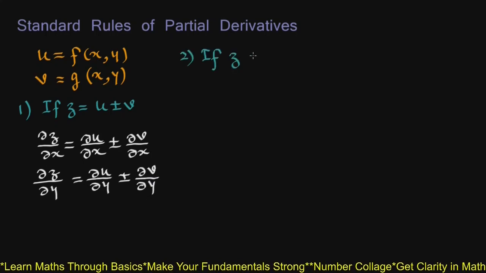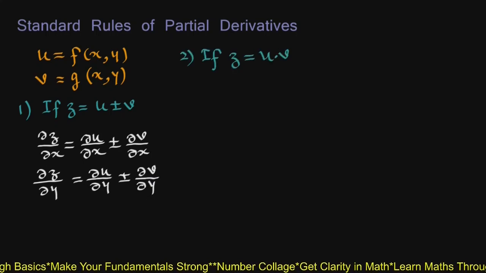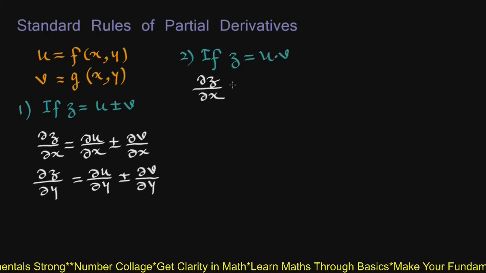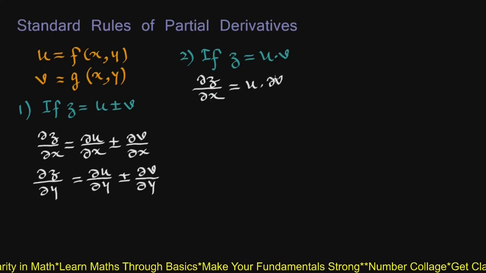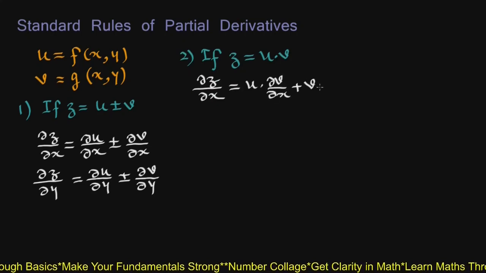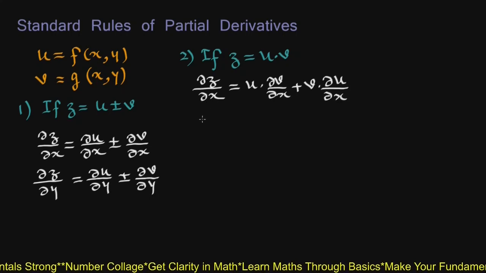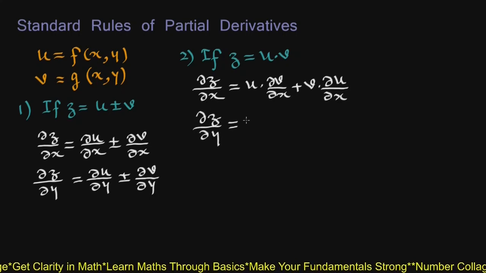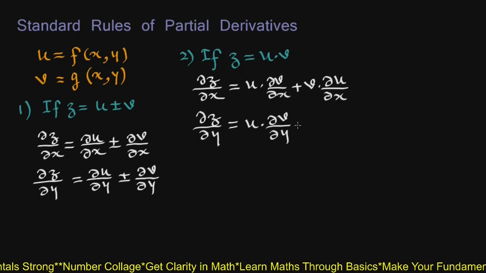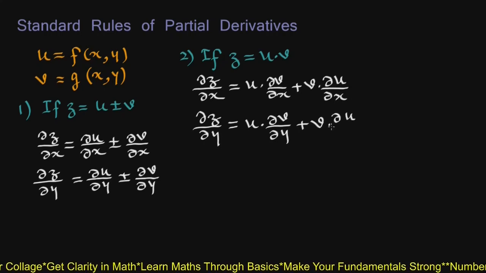Number 2, if z equals u into v, then ∂z/∂x will be u into ∂v/∂x plus v into ∂u/∂x, and ∂z/∂y will be u into ∂v/∂y plus v into ∂u/∂y.